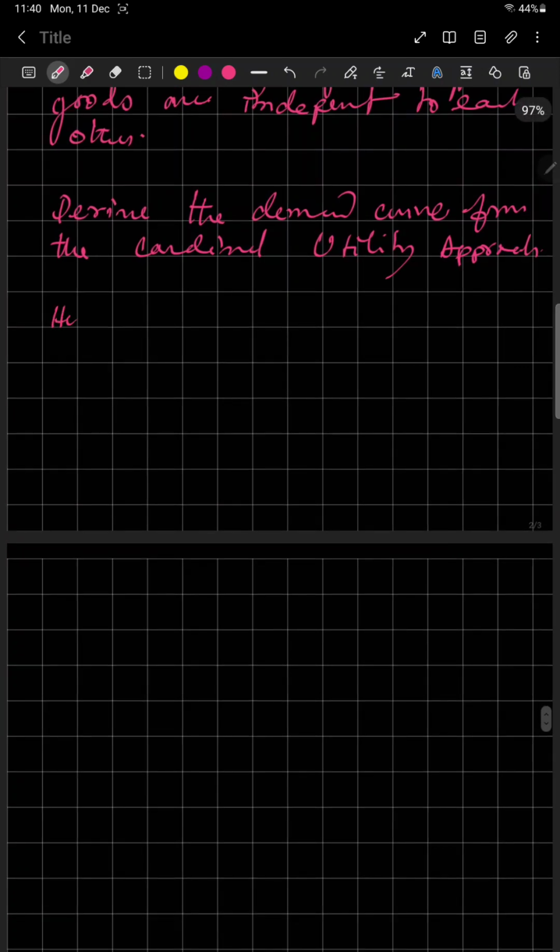Here utility is a function of the quantity of a commodity. Q is the quantity of a good.